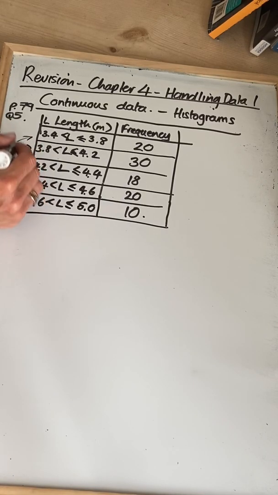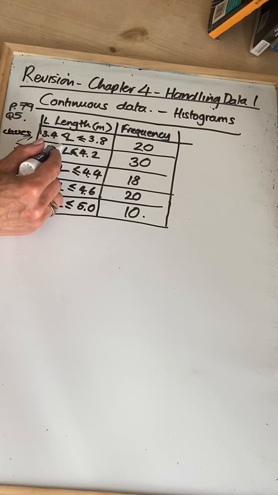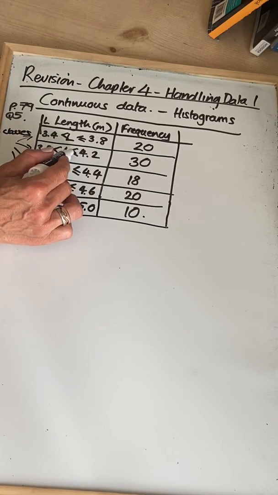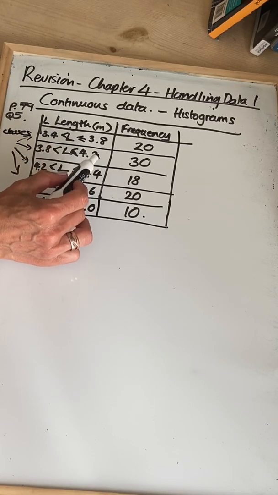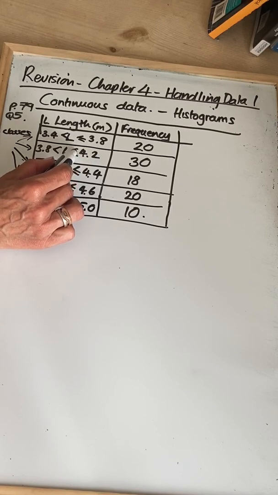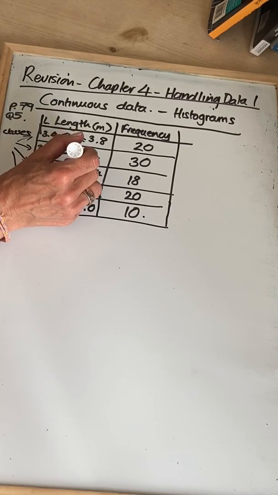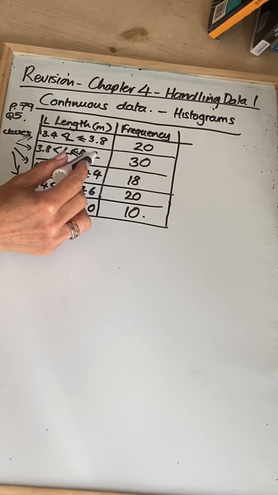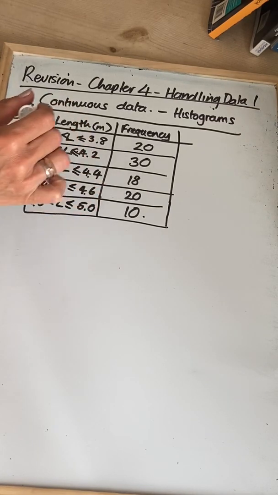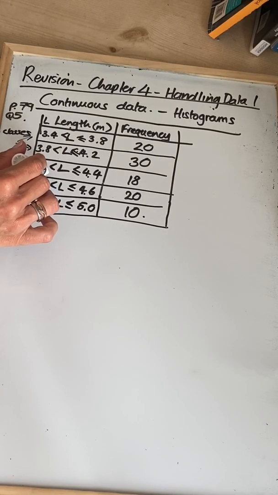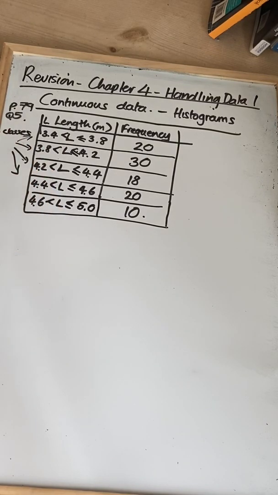These are all different classes. And the inequality signs here, the strictly greater than, less than or equal to signs, tell you what happens with these numbers on the end. The 4.2, if you've got a car that's 4.2 meters, because the inequality sign is a less than or equal to, a 4.2 meter car will be in that category. A 4.21 car would be in the next category, or class.